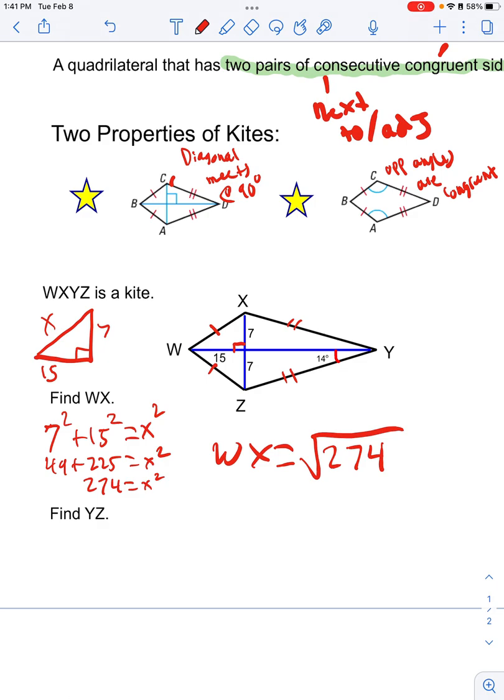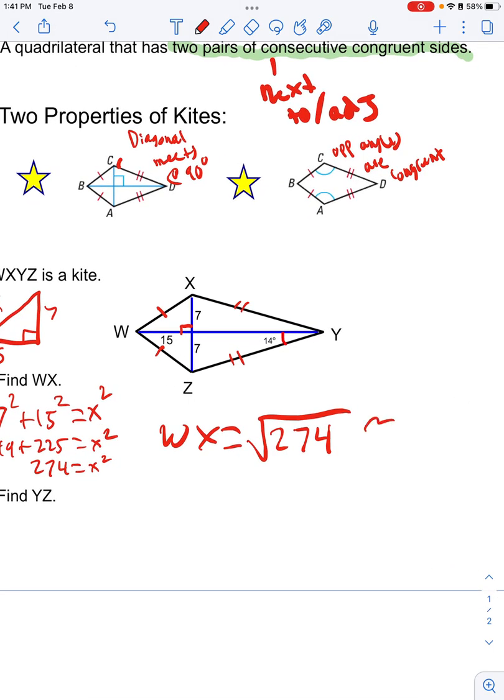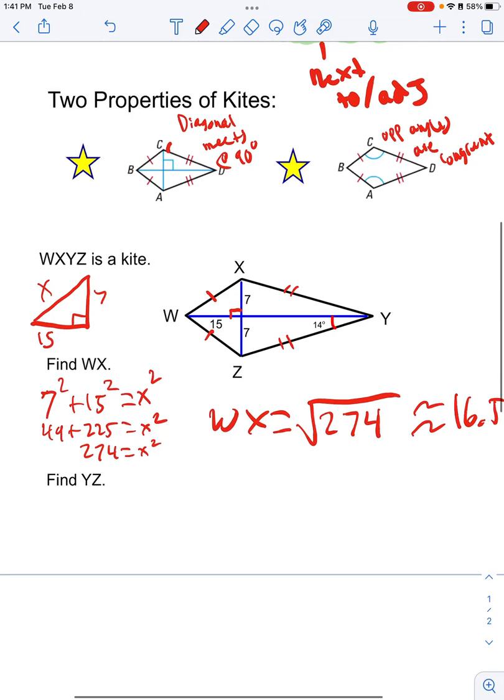And so just to get an approximation of that, that's about 16.553 approximately, which would make sense because it's got to be bigger than 15 and 7.